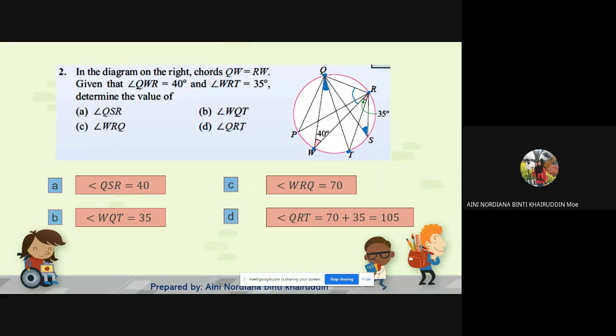And angle QRT, so all of these angles. So 70 plus 35 equals 105.